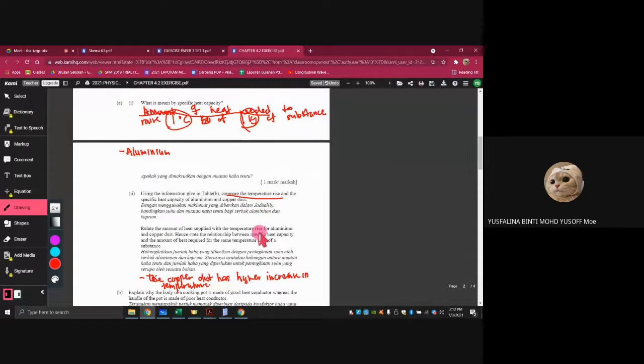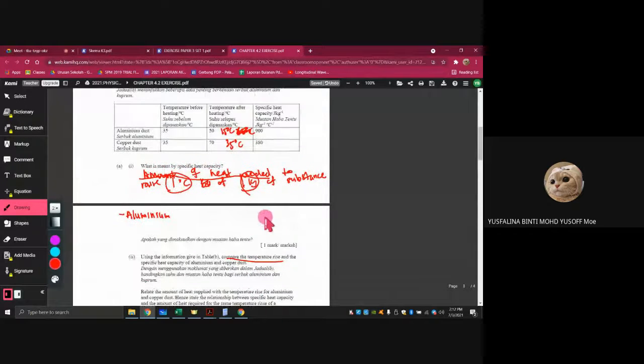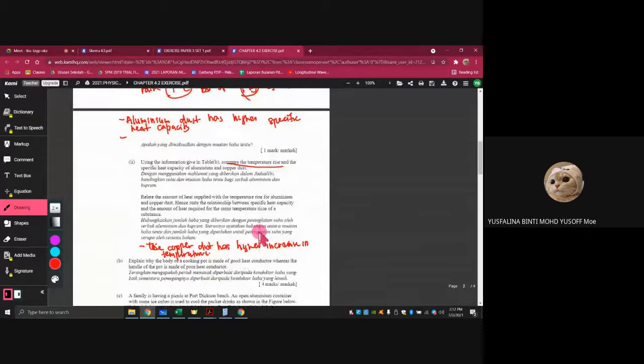You have to read carefully. How to compare? The aluminium dust has higher specific heat capacity.